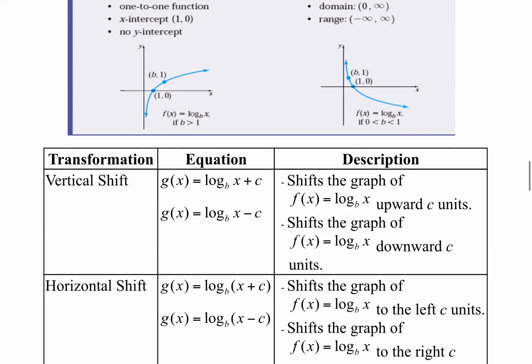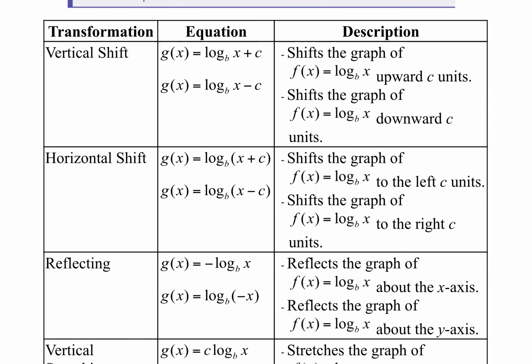So here are our different transformations. With any of our other functions, if you have f(x) and you add some number out here, the plus c and the minus c shift your graph up and down. If I put a positive c, plus 2, it's going to shift all of it up 2.